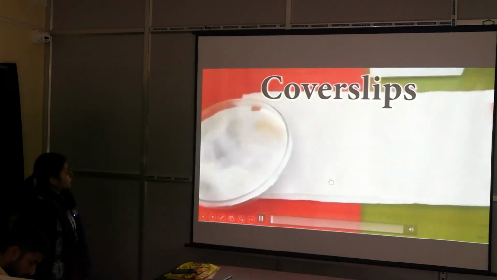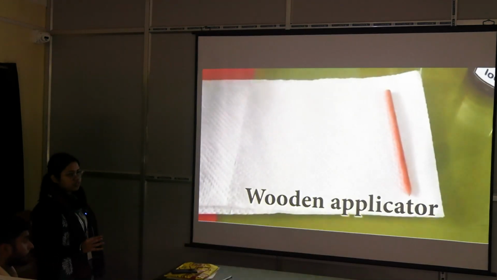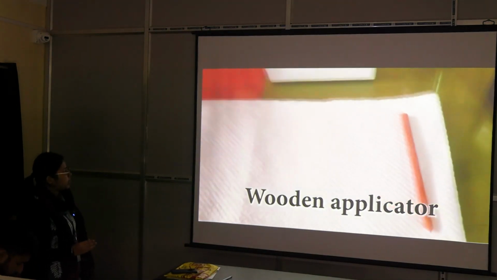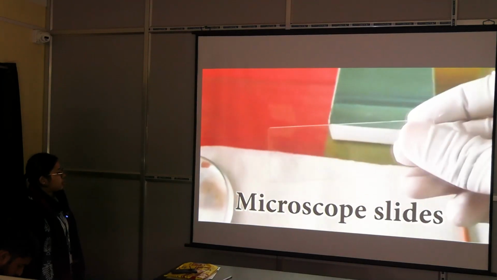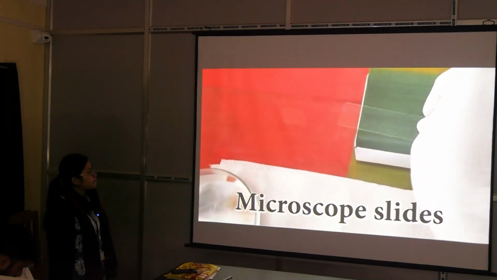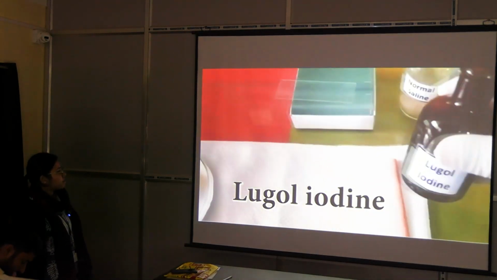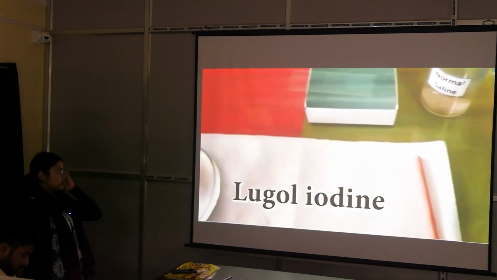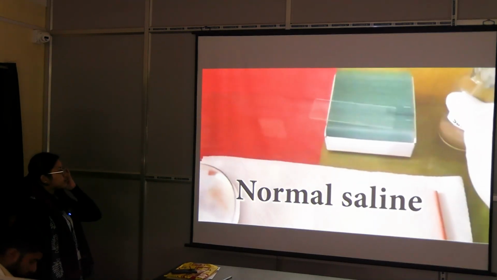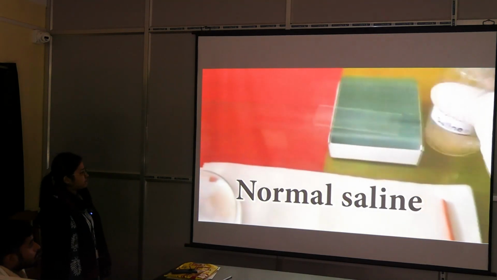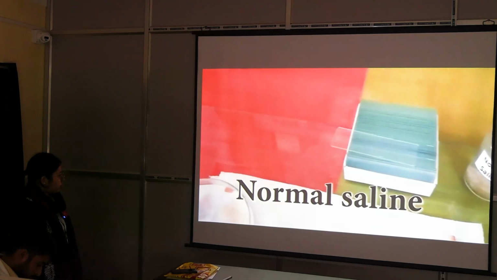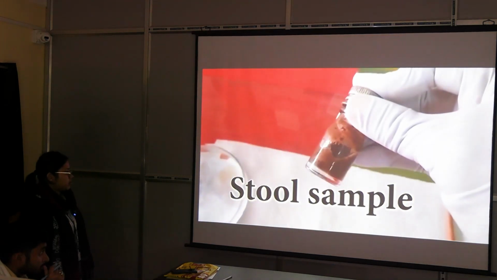So these are the cover slips that we will be using for the examination. This is a wooden applicator. This is a glass slide. Lugol's iodine that we will be using, normal saline, and your stool sample.